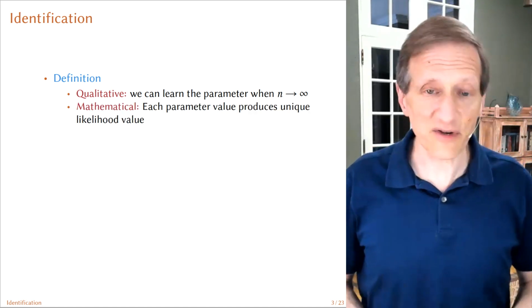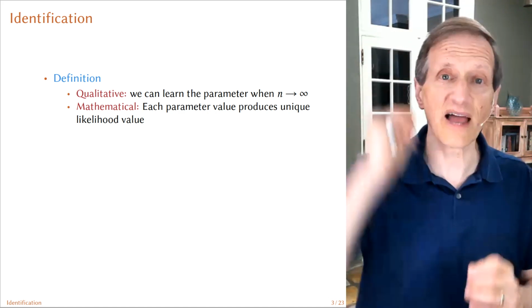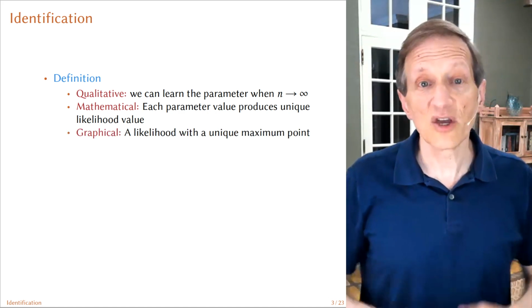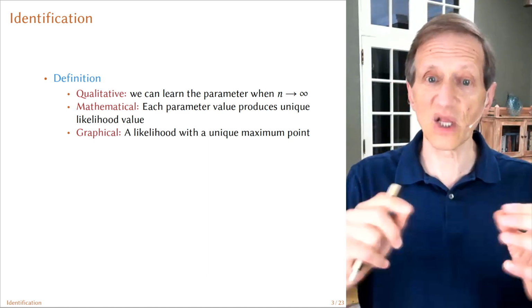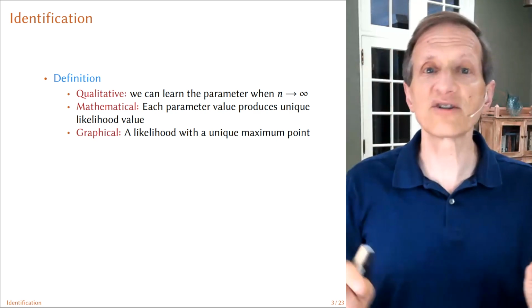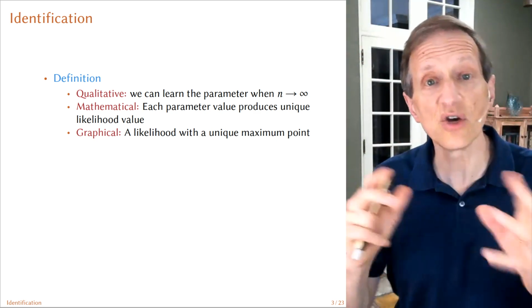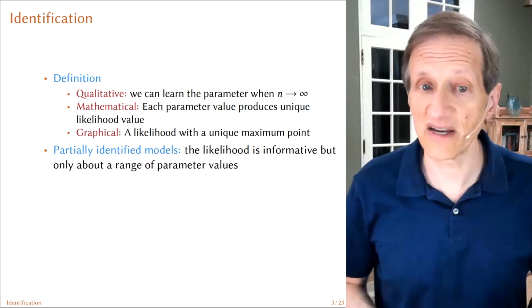Mathematically, the definition of identification is that each parameter value produces a unique likelihood value. Graphically, we can think about this as a likelihood function where there is no unique maximum. Maybe it's flat, maybe there's a plateau at the top. If there's no unique maximum, then it's not identified.